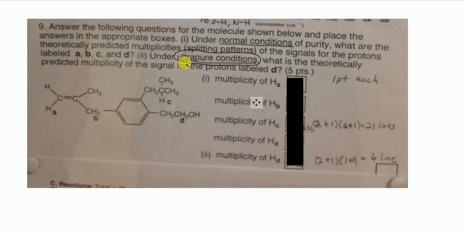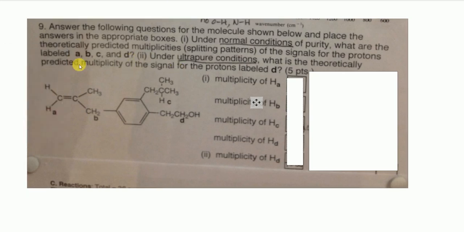Ultra pure condition just means that the alcohol hydrogen will only be considered just as an adjacent carbon's hydrogens would be considered, and it is only considered when it's in ultra pure. Okay, so only in ultra pure will I be able to count the hydrogens on alcohols as within my multiplicity values. Okay, so now let's look at them.